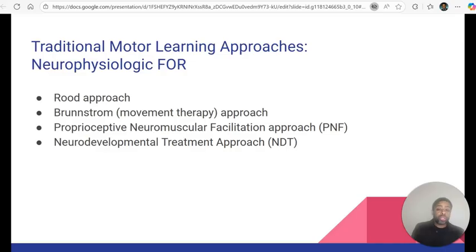Now, there are traditional motor learning approaches that have been a significant part of the rehabilitation world in the past, and not so much currently as a primary modality, but these approaches can certainly help guide interventions, although they're not superior to the task-oriented approach.